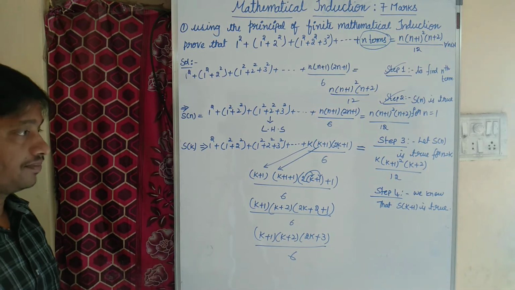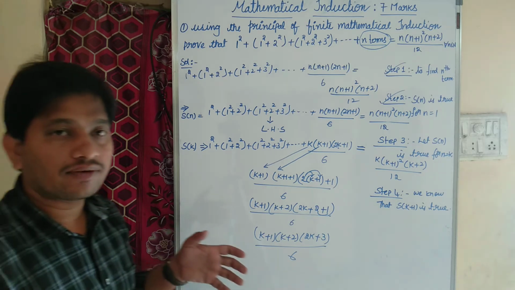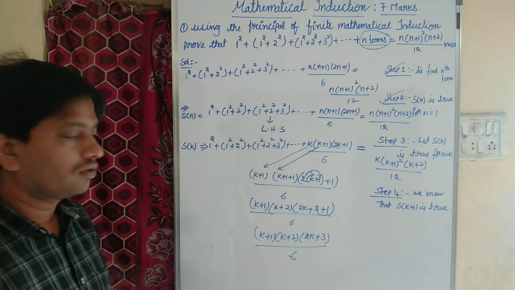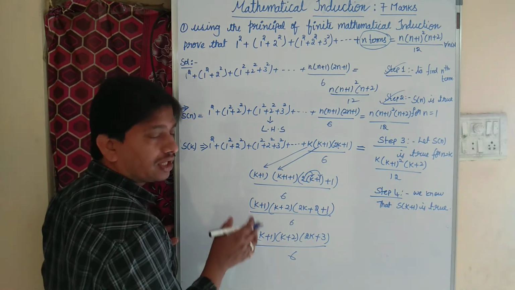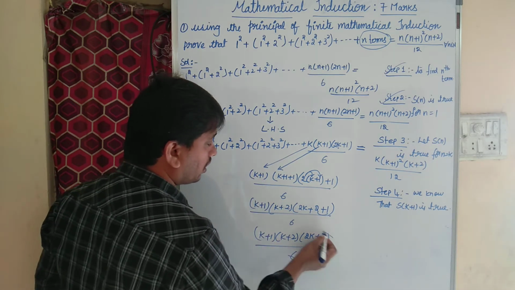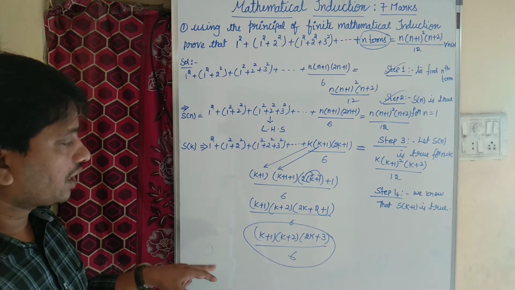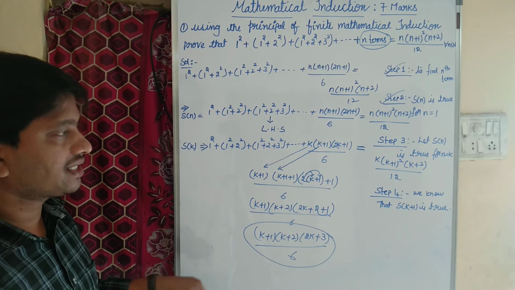Try to understand. We know that S of k plus 1 is true. I mean in the place of k we need to write k plus 1. What we got when substituting is k plus 1 into k plus 2 into 2k plus 3 by 6.